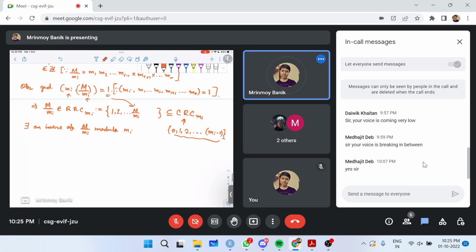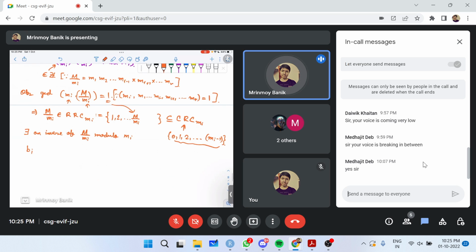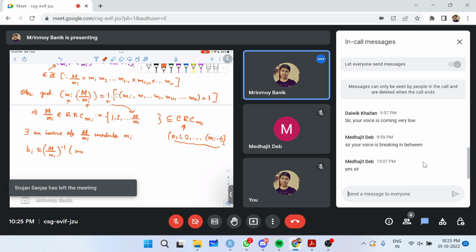That inverse is what we are after. Let's call it bi. So bi is the multiplicative inverse of M by mi mod mi.